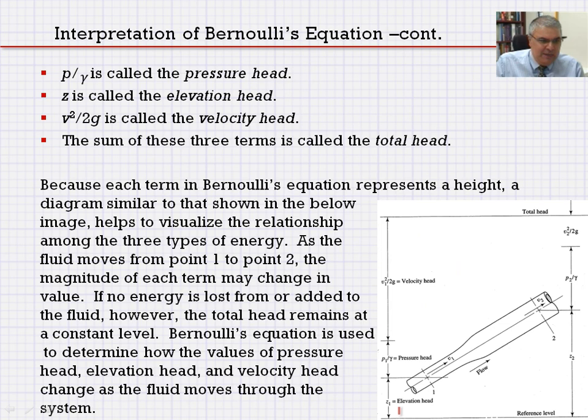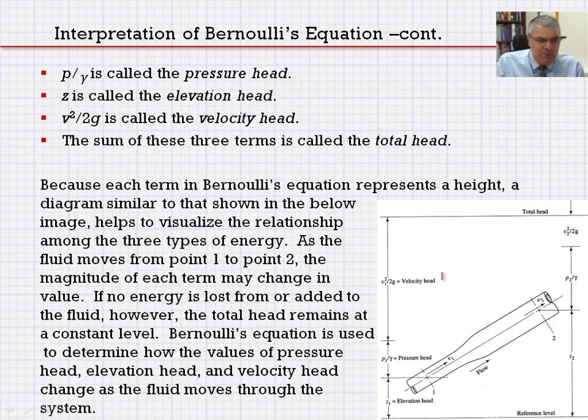And again, they are shown in this case for the case of Z1. The total head is the elevation head, that is from the reference point. How far is point 1 from the reference level? That is the elevation head, and that is due to the potential energy.